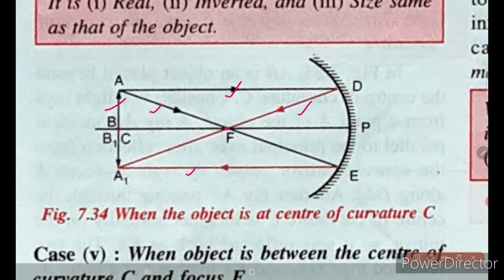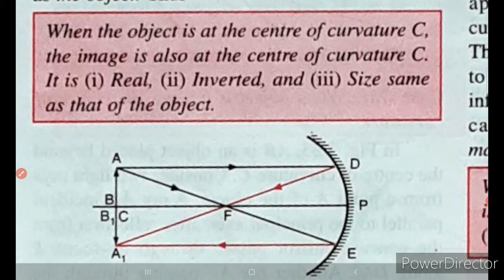Again the rays are actually meeting, so the nature of the image should be real. As you can see, it is inverted, it is of same size, and it is formed at the center of curvature only. So it is real, inverted, and the size is also same.